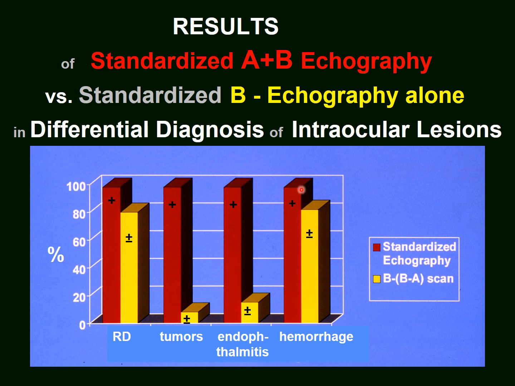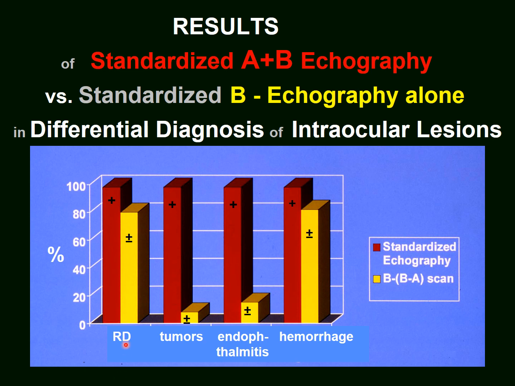Here almost 99% reliable, correct differential diagnosis in retinal detachment, in intraocular tumors, endophthalmitis, early endophthalmitis, that is hemorrhage.